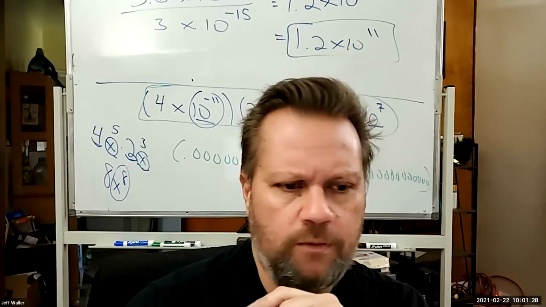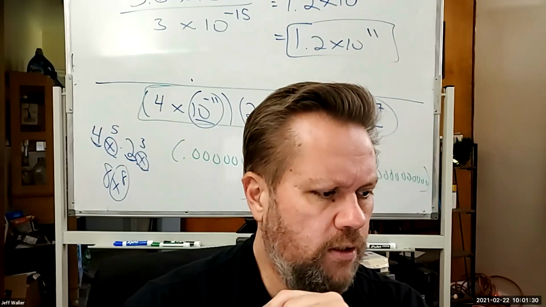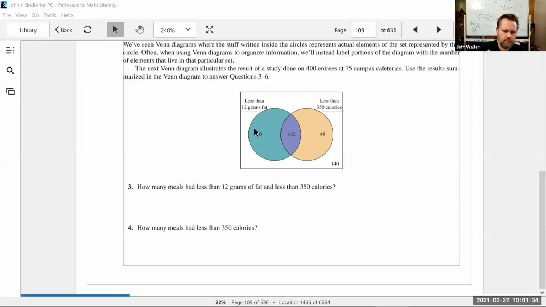All right, so do you agree that these 70 definitely have less than 12 grams of fat? Because that's what this circle means. Right? Everything in this circle must match this description. Everything in this circle must match this description.